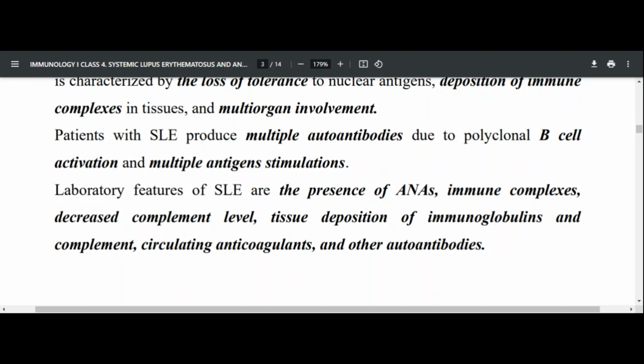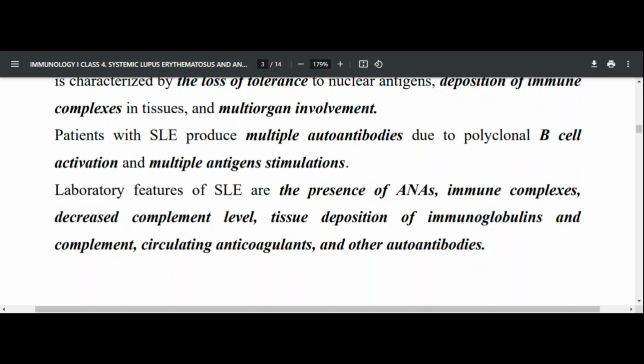Even though in other conditions we find antinuclear antibodies, for example autoimmune hepatitis and progressive systemic sclerosis, PSS, we also find in some percentage autoantibodies against nuclear antigens, which are antinuclear antibodies. But the classic disease in which we find positive antinuclear antibodies is systemic lupus erythematosus.